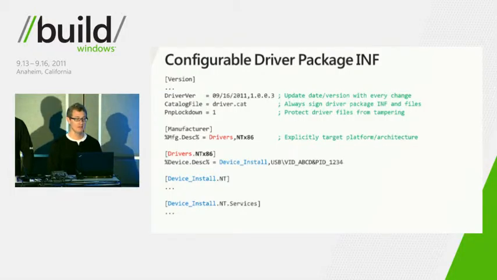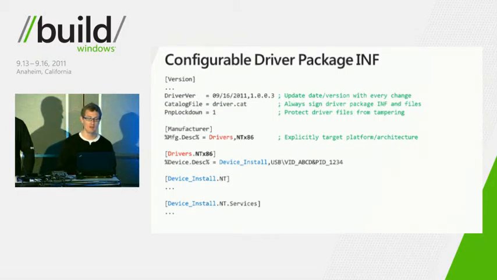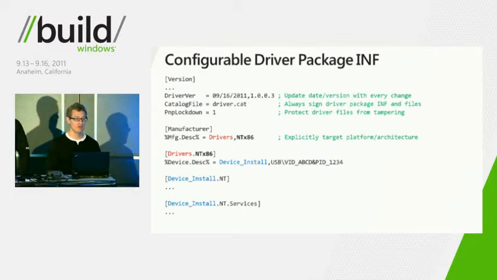That basically protects your driver files from tampering, and it indicates to Windows that we're going to maintain that set of files and we're not going to let anyone else touch it. And then explicitly target the platform architecture in the manufacturer section. In this particular case, we're targeting an x86 architecture.